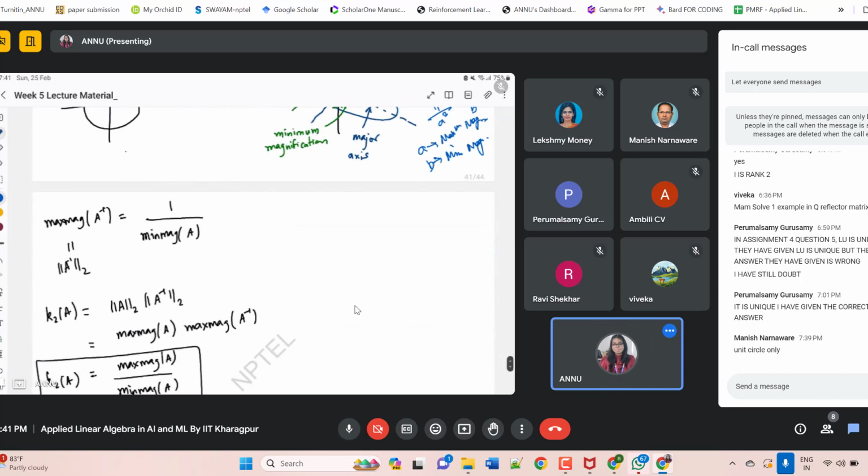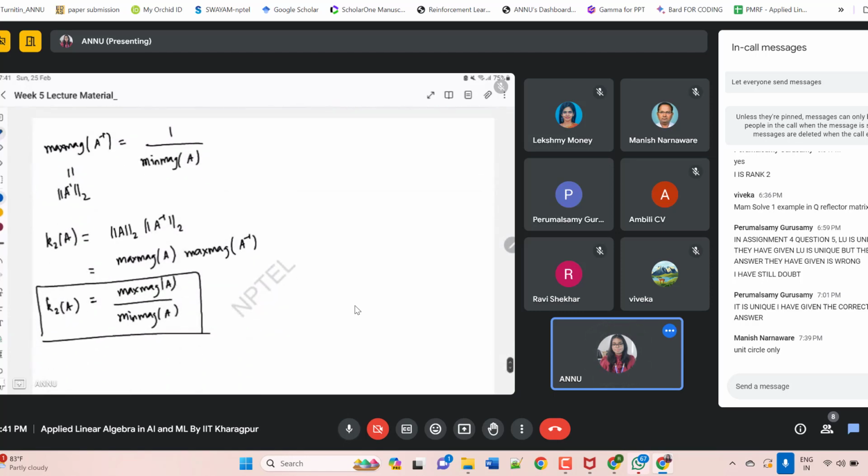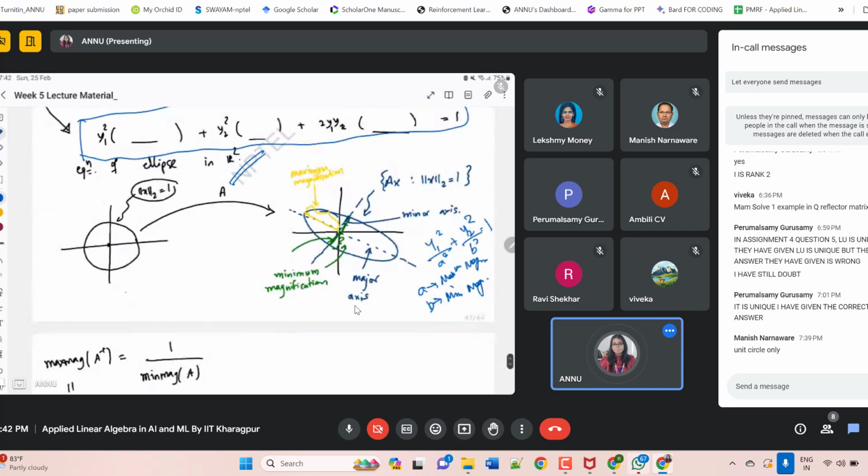We saw already this maximum magnification is the norm of A inverse in the previous equation. So we can write this as max magnitude of A divided by min magnitude of A. Later, what you're trying to see, a by b is nothing but the condition number K2 of A. So whenever you're transforming a circle to an ellipse through a linear transformation, you're getting an ellipse.